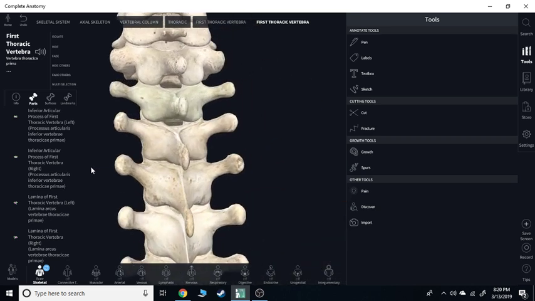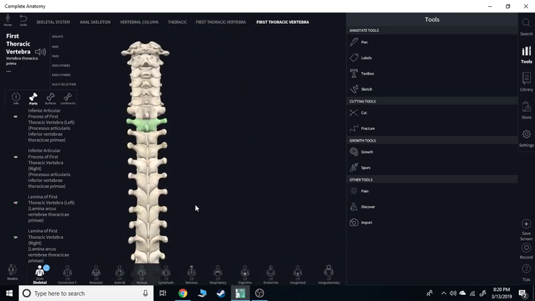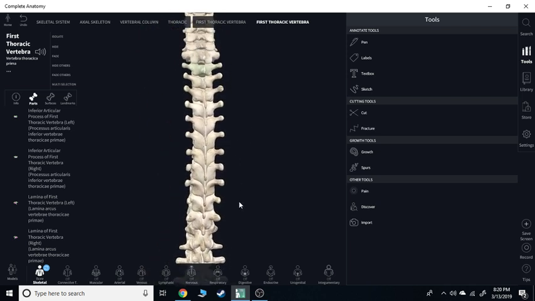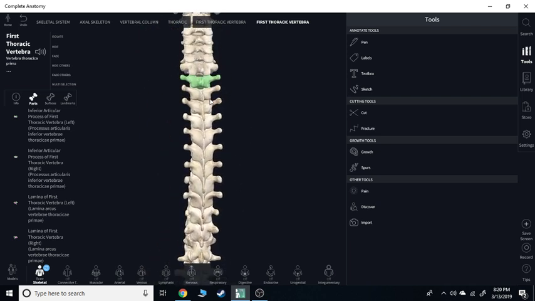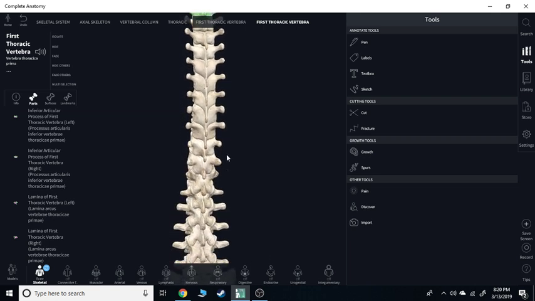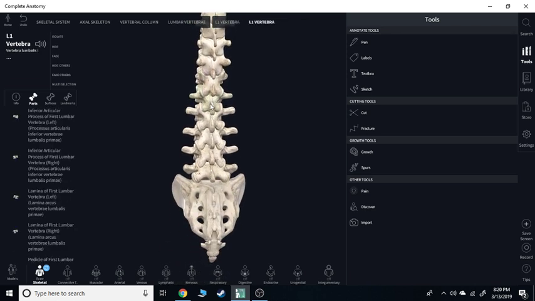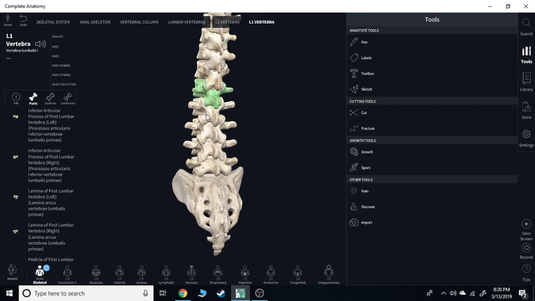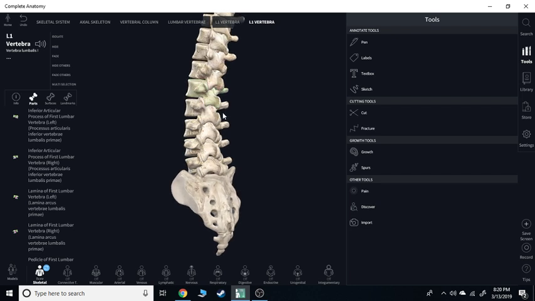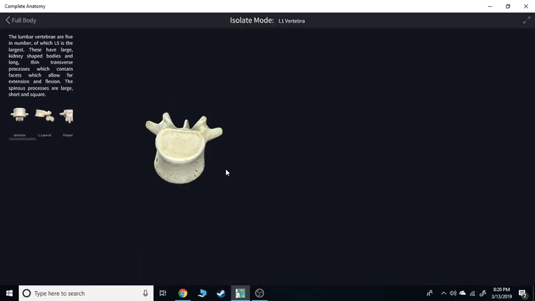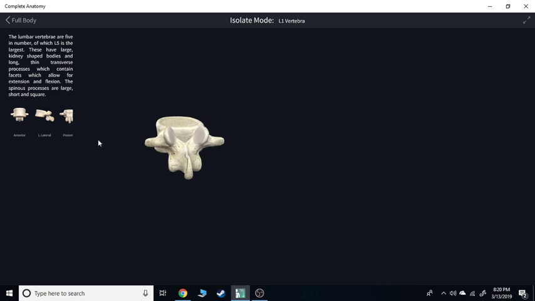And going down to the lumbar, I mentioned there are 12 thoracic. Well, I did now. The first lumbar vertebrae. There are 5 lumbar vertebrae. Again, these look a little different, but they don't change much from what they were in the thoracic.